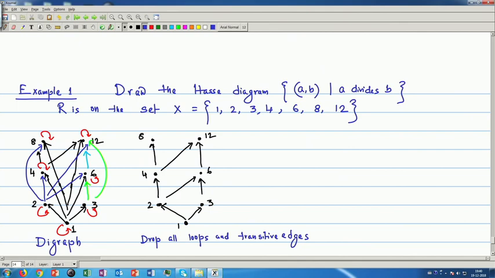Now, finally, we drop all the arrows. So, this becomes my final diagram. Simply I draw 1, 2, 3, 4, 6, 8 and 12.